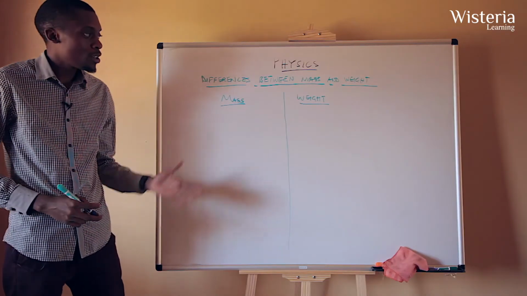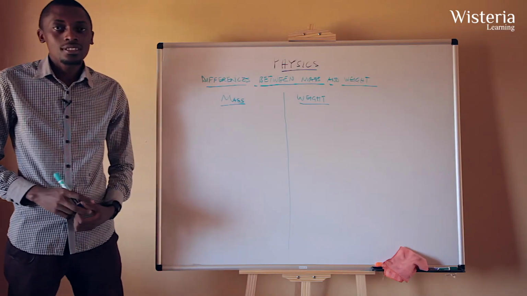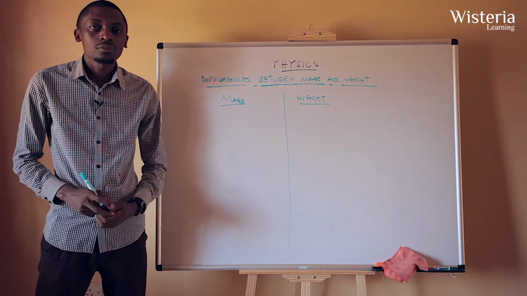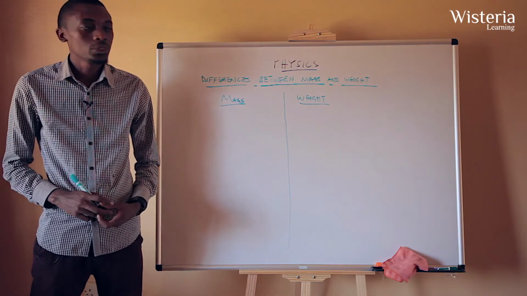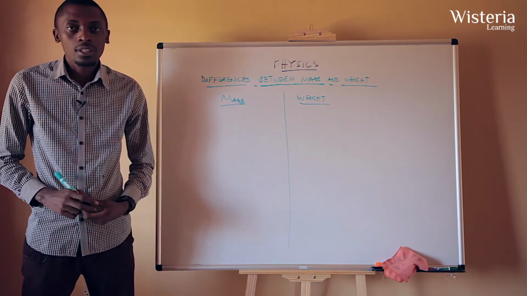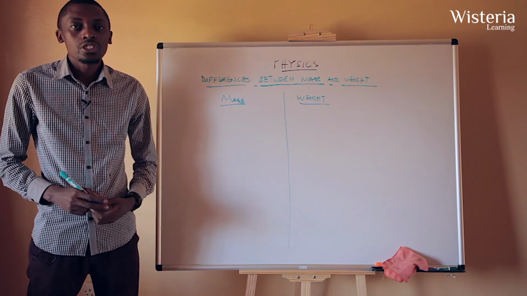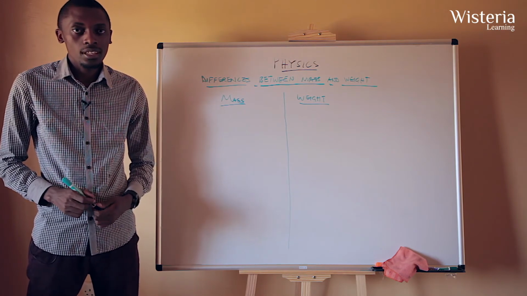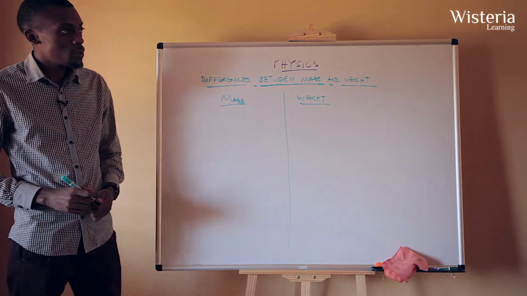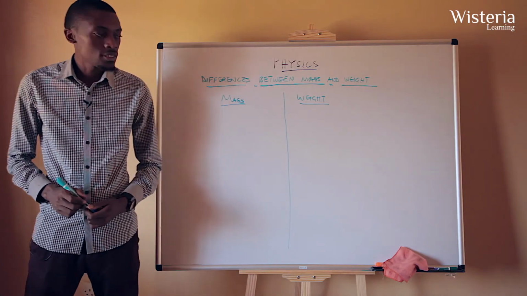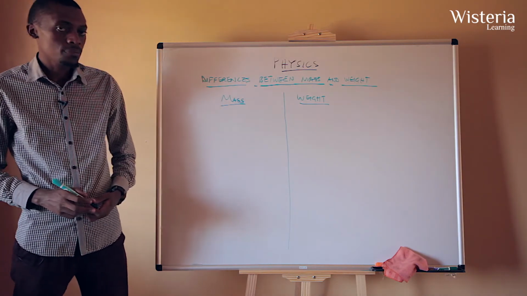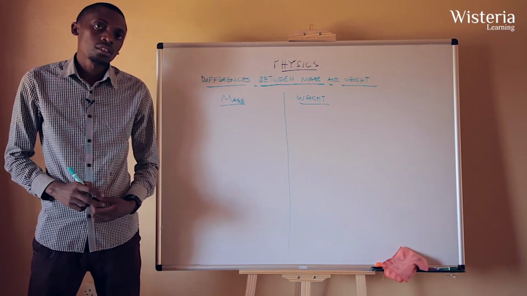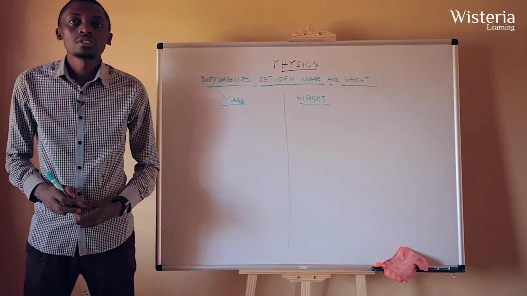Okay, now having looked at what mass is in detail and having looked at what weight is in detail, we're now going to summarize by differentiating the two. The first one we're going to discuss is the definitions. You can differentiate these two using definitions.